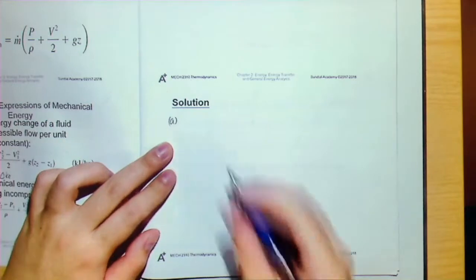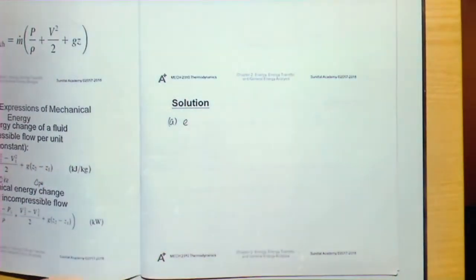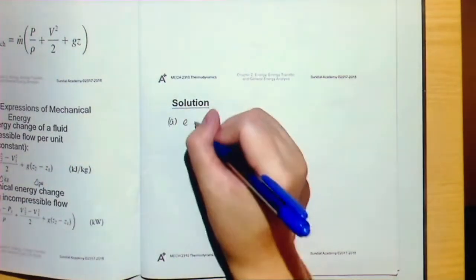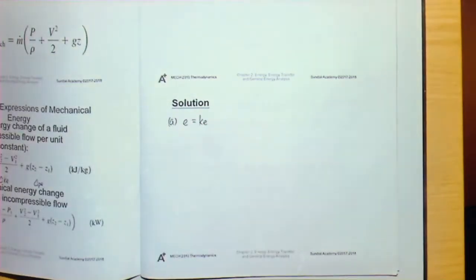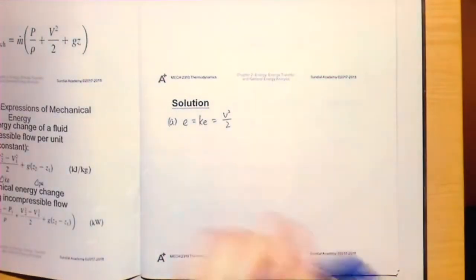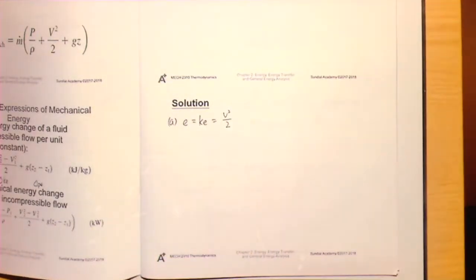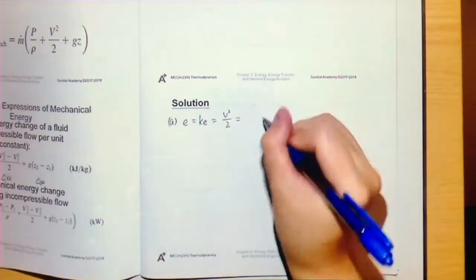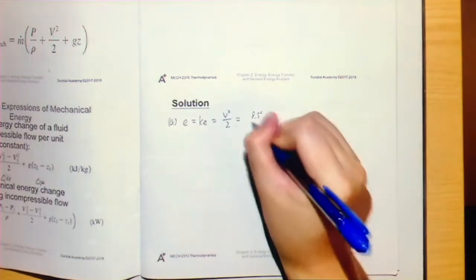The wind energy per unit mass will be small letter e, and that should be equal to small ke. We only have this term, because that is the wind energy we would like to extract. So we will have V squared divided by 2. We just plug in the values: 8.5 squared divided by 2.